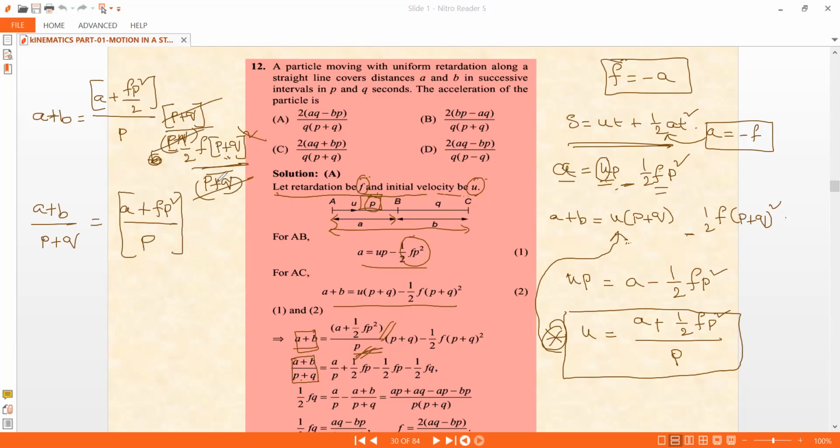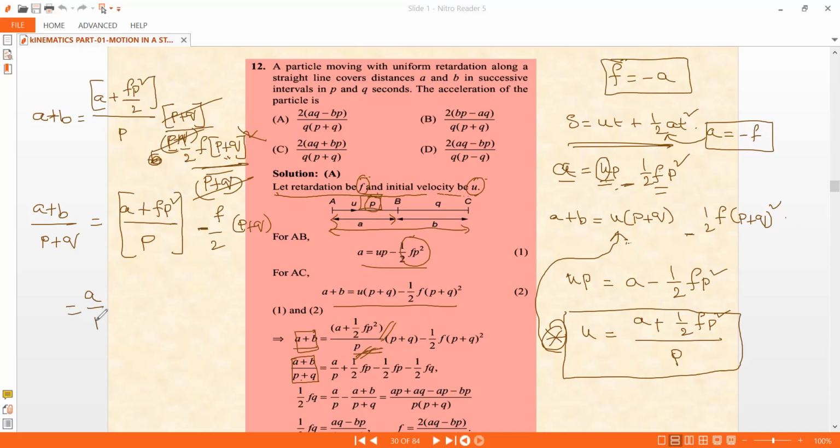And now you have the next equation, which happens to be minus f by 2 into p plus q. This is how you get it. And now let us divide this one with the p.